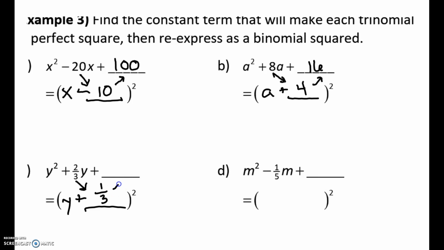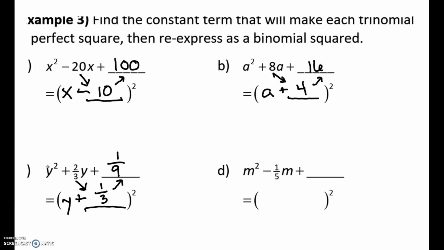Then we square it to fill in this blank here. This would be 1/9. If I asked you to factor this with the methods we know, you wouldn't be able to, because our factoring techniques only currently work with whole numbers. However, with completing the square, you're able to now put this in factored form in a way you couldn't before.